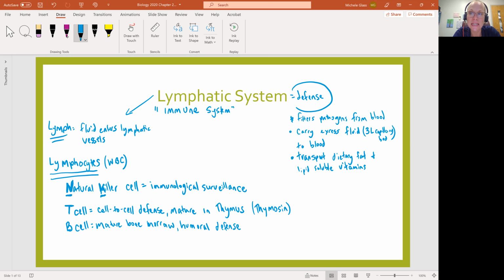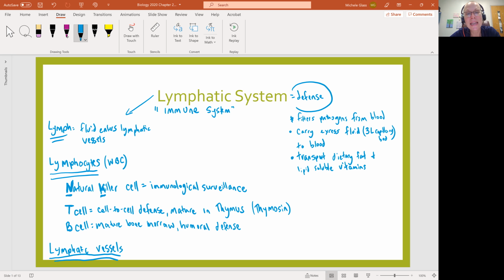So far we have the lymphatic system consisting of lymphocytes and lymphatic vessels. We're going to be talking more about these as we go through.